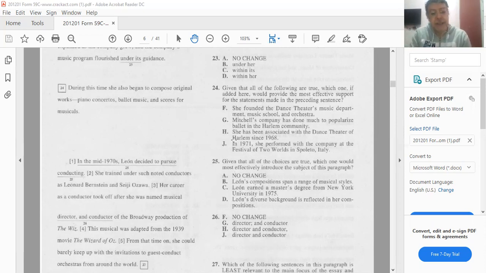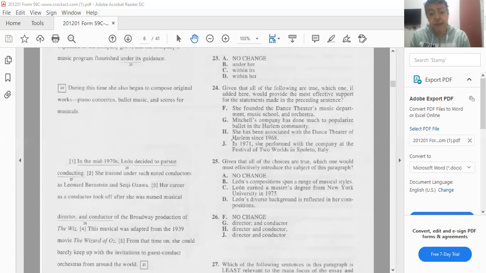Okay, what does it say in 25 here? Given that all the choices are true, which one would most effectively introduce the subject of this paragraph? In the mid 1970s, Leon decided to pursue conducting, to become a conductor. She trained under such noted conductors as Leonard Bernstein and Seiji Ozawa. Okay. Leon's compositions span a range of musical styles.